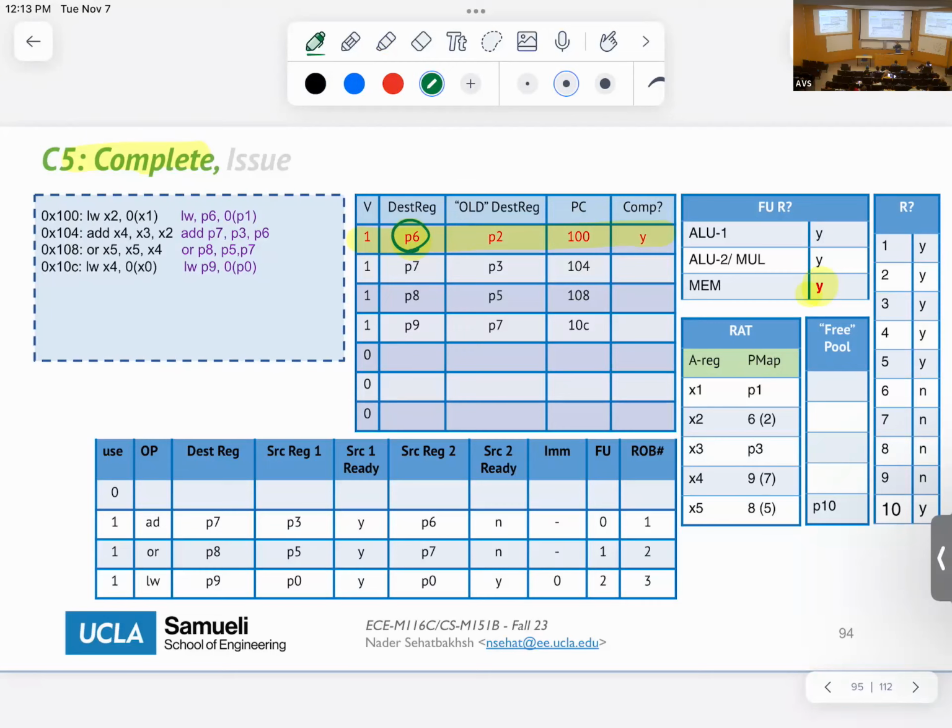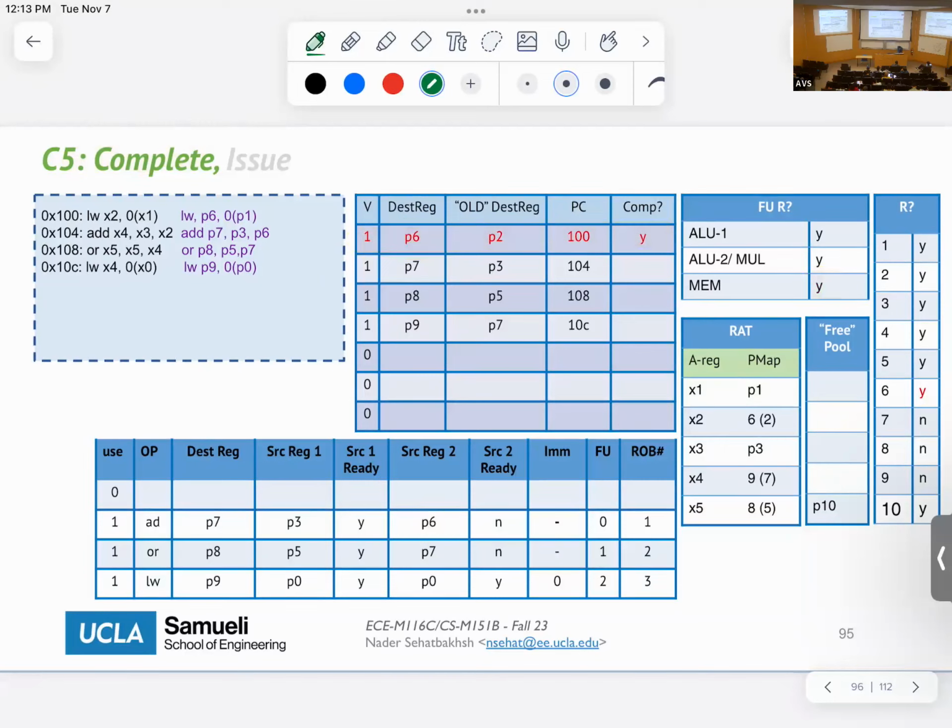So I can use this value for the subsequent instructions. For example, if you look here, the next add instruction is waiting for that value. So the moment that the instruction is complete, I can forward this from the ROB to the reservation station, which means that now I can issue this add instruction, okay?